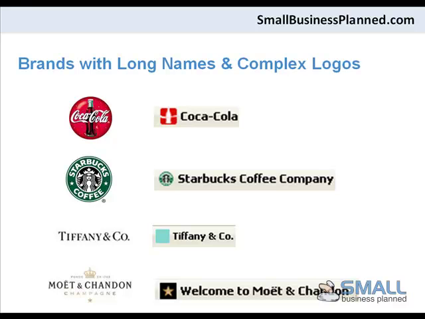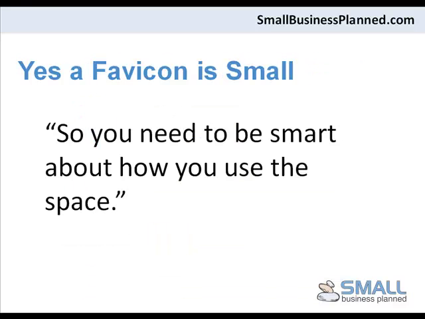Interestingly enough, Tiffany just show a color, but this blue isn't any ordinary color. It's actually protected, and Tiffany has the sole rights to use it. And the final brand is Moet and Chandon, and this favicon features the Moet and Chandon star, which of course represents quality and excellence. So they were a few examples of some great favicons.